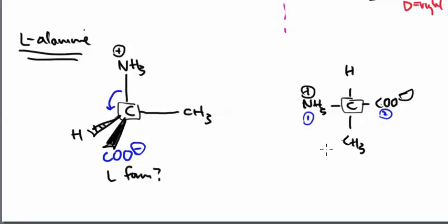So amino's typically ranked 1, your COO minus is typically ranked 2, and then finally your R group, because this typically always started with a CH2 at least. Very rarely did we have something else other than carbon on that position, but that was ranked as number 3. Okay, so there's the story with D and L.